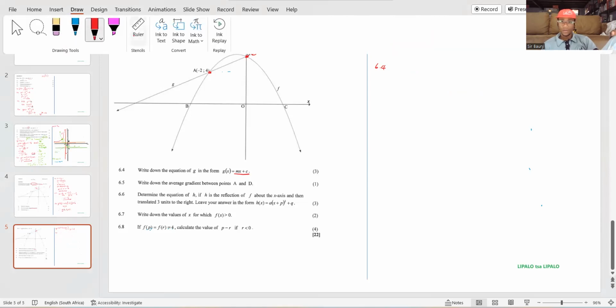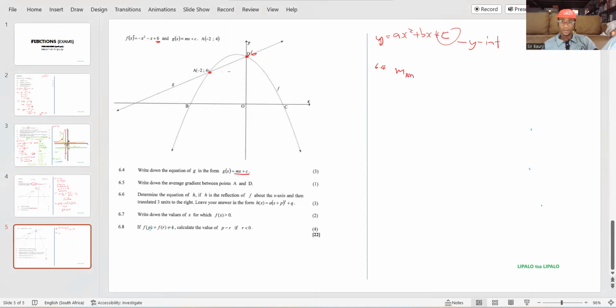So m_AD is equal to yA minus yD over xA minus xD. What is yA? It's 4 minus yD, which is 6, all over -2 minus 0. And my answer is going to be positive 1.